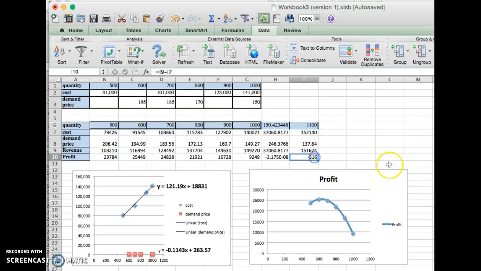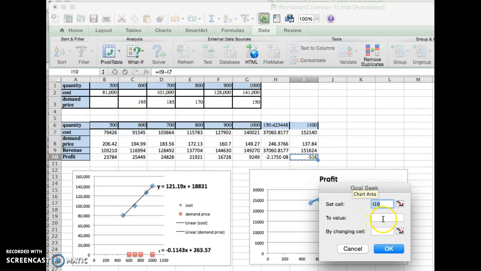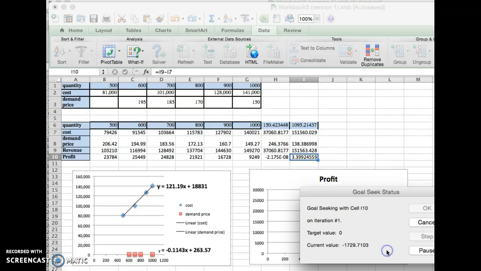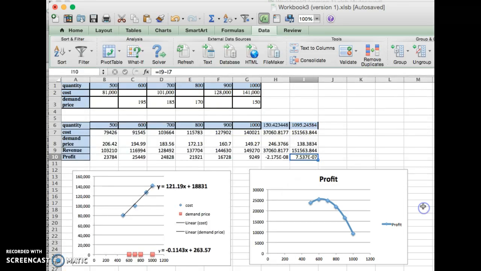We can do the next one in a similar way. We highlight the cell that we want to set to 0. Go to What-If, Goal Seek. We want that cell to be 0. And we will change the quantity because that is our variable. We get a similar situation here.